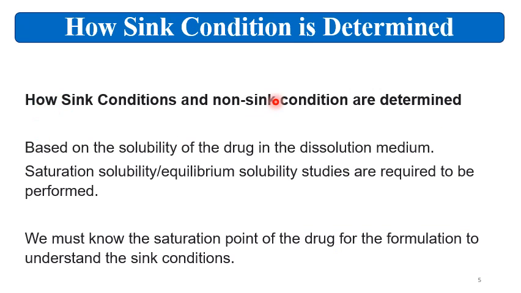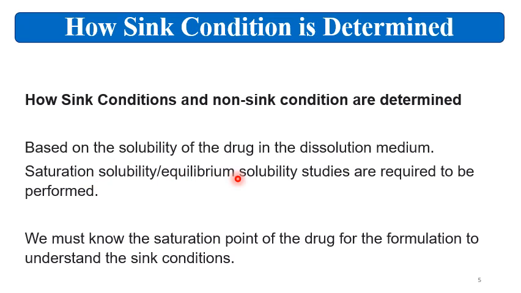Then how are sink conditions and non-sink conditions determined? Mainly sink conditions are determined based on the solubility, called equilibrium solubility, or saturation solubility. Based on the solubility of the drug in the dissolution medium, the sink or non-sink condition is determined.